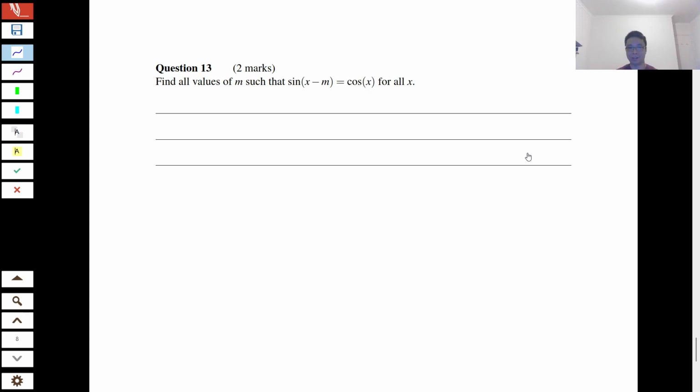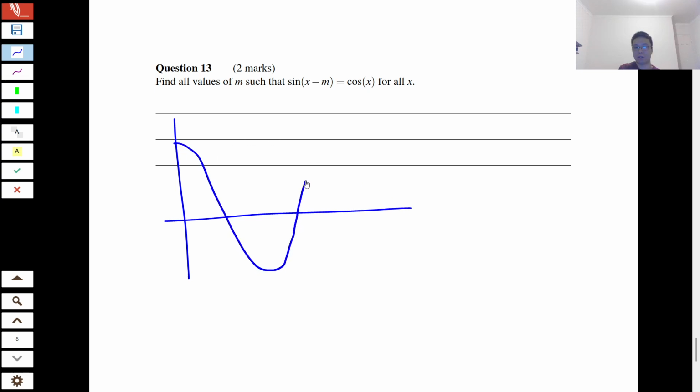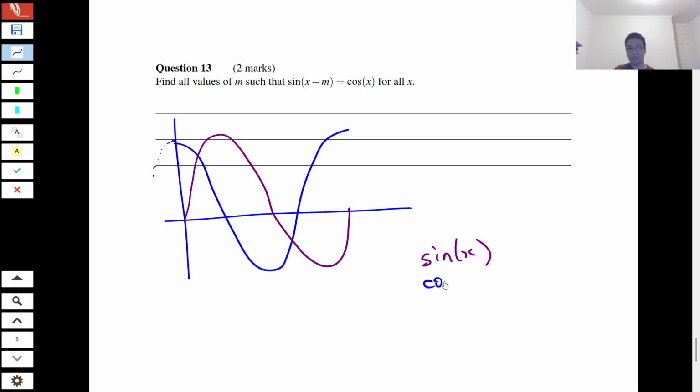What we're saying is, suppose I have the cosine graph, and then I have the sine graph, like so. What translation do I need to do to move from sine of x to cosine of x?